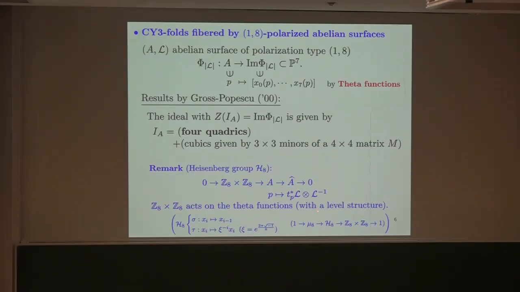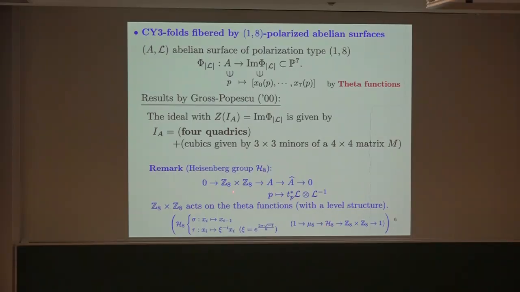And this is what I explained here. Actually, when you consider the kernel, as I said, the kernel acts naturally on the theta functions, or global sections of the line bundle. This sequence clearly explains that part. And eventually, actually, it is not this Z8 cross Z8, but rather a central extension, a central extension by mu 8, the eighth roots of unity. So the central extension of this Z8 cross Z8 is, by definition, the Heisenberg group.